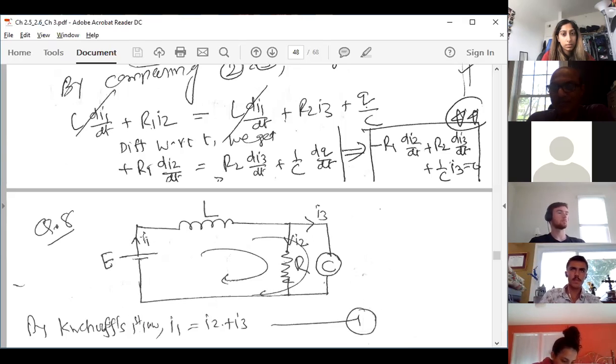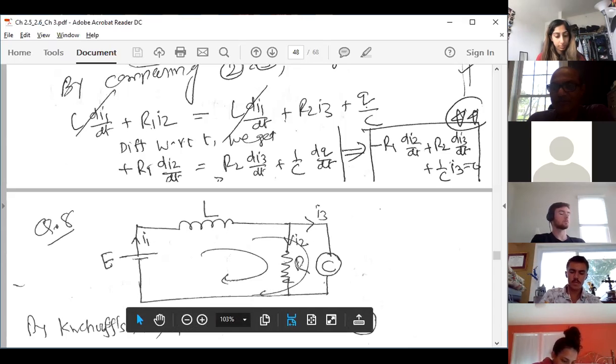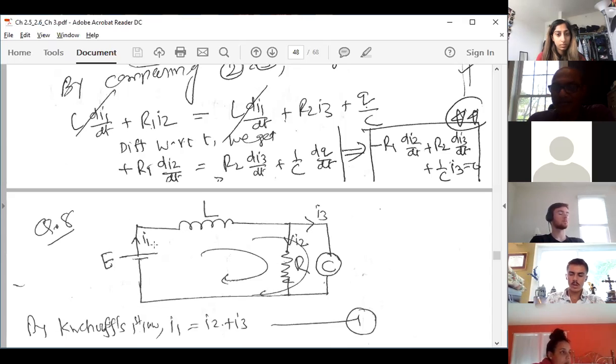First equation is Kirchhoff's first law, I1 equal to I2 plus I3. Second, for the closed loop circuit, you can give the names A, B, then D. Don't give E, A, B, D, F, G, H, something like that. In the loop of A, B, G, H, A, current passes through inductance, which is L times di1 by dt. Agree?